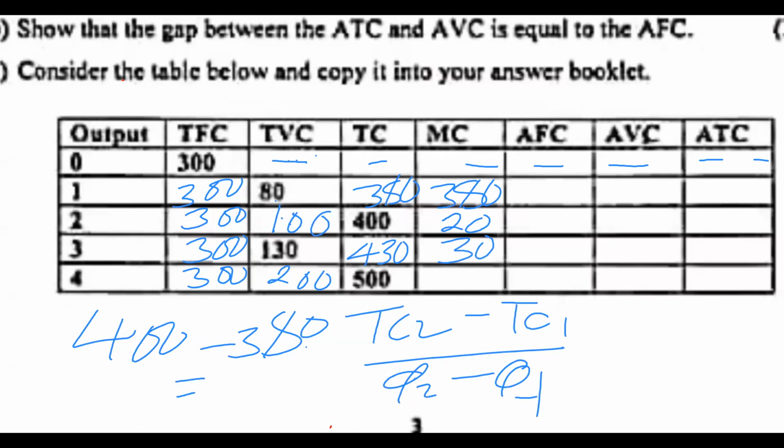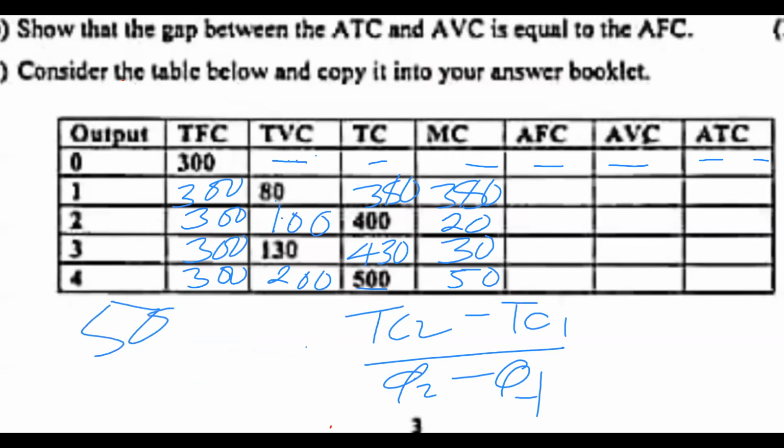And 500 minus 430, you are subtracting the previous one from the top one, 500 total cost minus 430, gives us 70, not 50. Yes, it's 70. So we are done with the marginal costs.